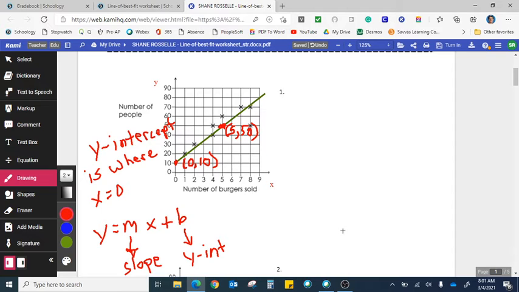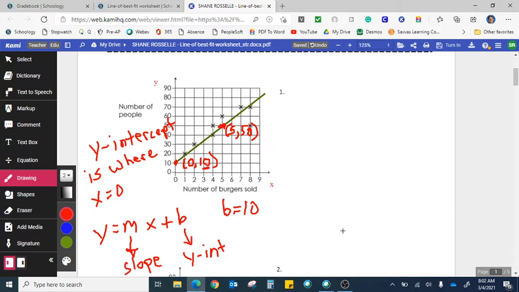And once I find the slope, I already know what b is, because the y-intercept is where x equals 0. So x equals 0 right here, so 10 is going to be my y-intercept. I don't have to worry about putting this into point-slope form. I can put this into slope-intercept form right away.